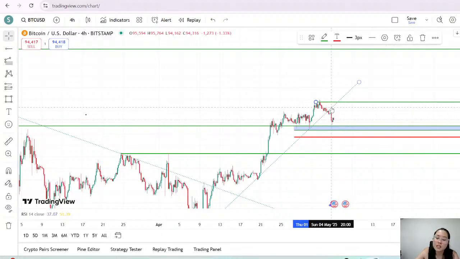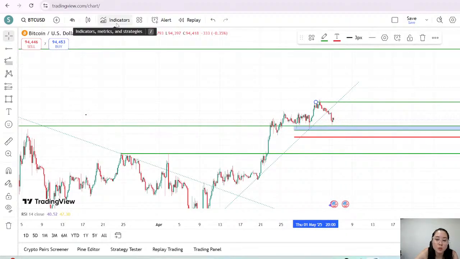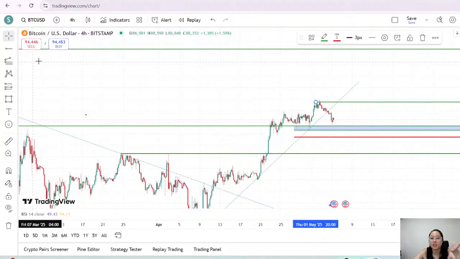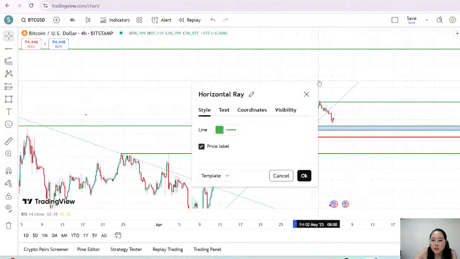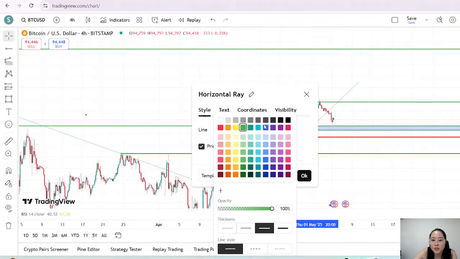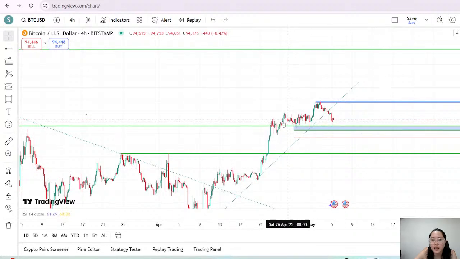I now need confirmation or validation on whether I should proceed with my idea. To do that, I need to pull out indicators, like Fibonacci, and other things to help me confirm my decision. I'm going to put this as blue is take profit, green is the entry.